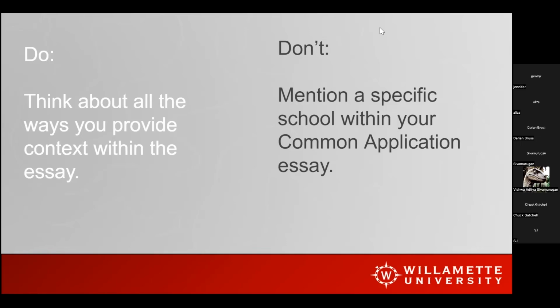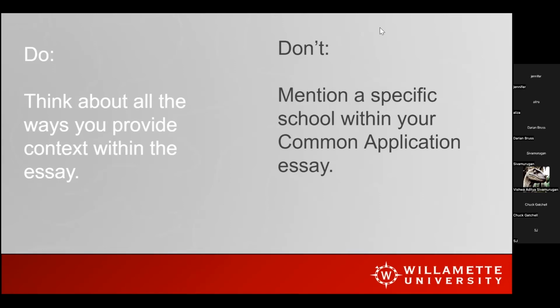I think sometimes students do this because at the beginning of their college search, they think, I'm completing the Common Application, but there's only one school on the Common App that I'm going to submit this to, so it's okay for me to express my undying love for that institution in my essay. And then it's very common, I have seen this over the years, and I'm sure your counselors on this Zoom call have seen this too, that over the course of the senior year and in the midst of the college search, the list of colleges you're applying to can grow and evolve and change a little bit.